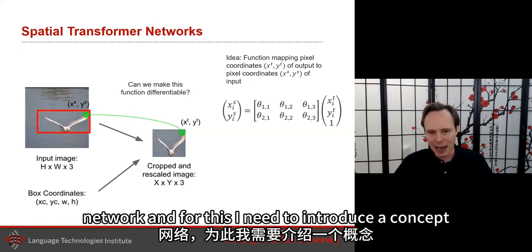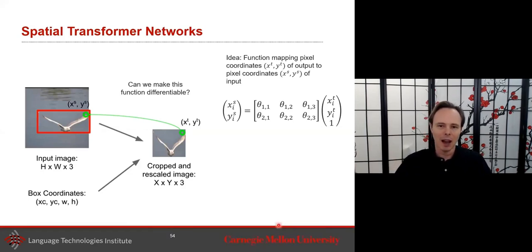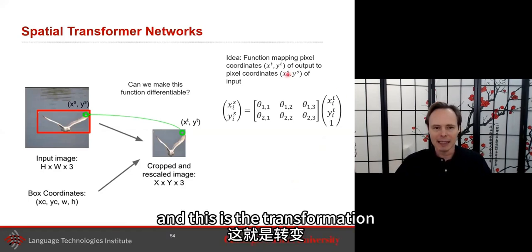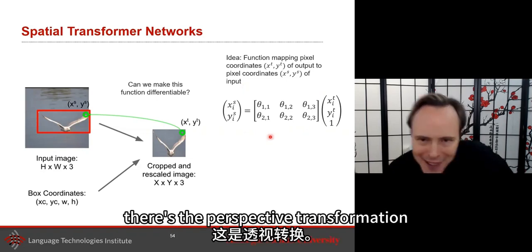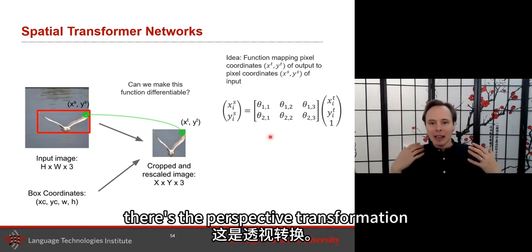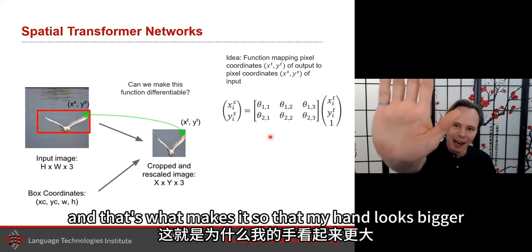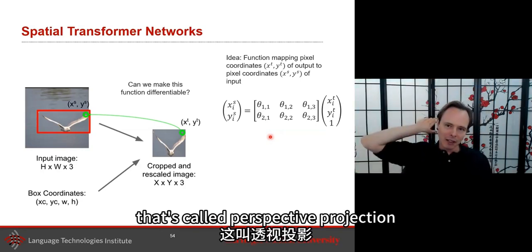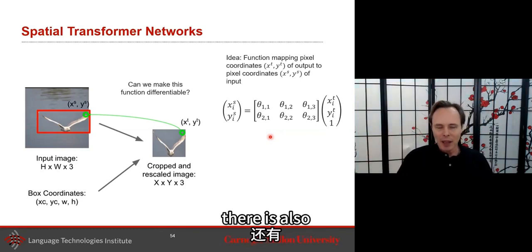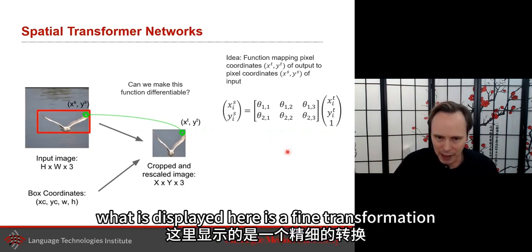And for this, I need to introduce a concept, and this is the transformation, and there's different kinds of transformation. There's the perspective transformation, and that's what makes it so that my hand looks bigger and looks smaller here. That's called perspective projection. There is also what is displayed here, affine transformation.